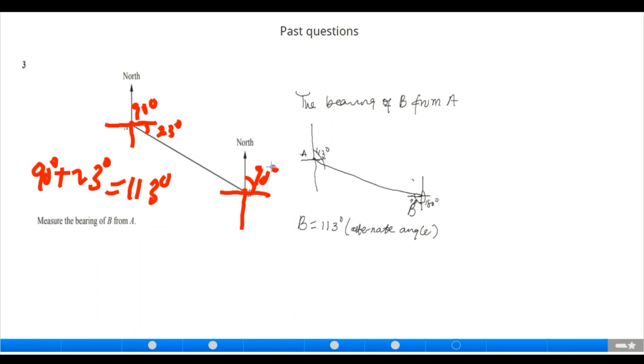If this is 90 degrees, we have this also to be 90 degrees. Then this side is the alternate angle. This side here is 113 degrees. So we are having this side of B to be 113 degrees, and that is the bearing of B from A.